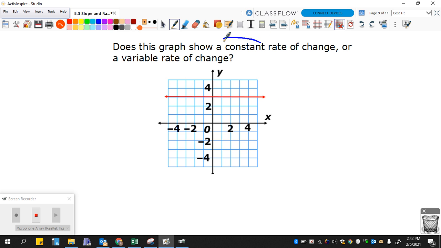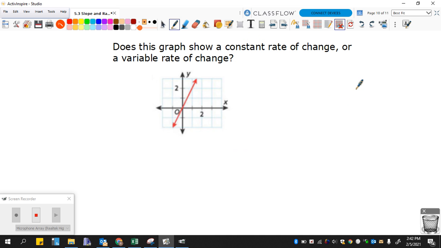And the unique thing about this is that there is no change. That's the interesting thing about this, that this really has no change at all. And there are many scenarios where that's the case. This right here is a straight line that goes up.